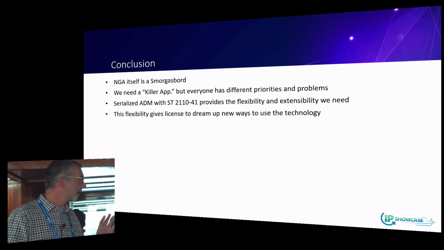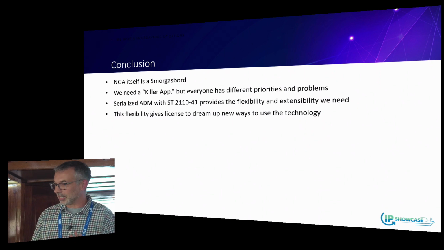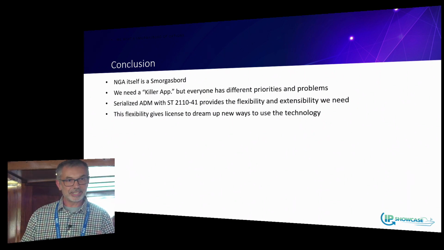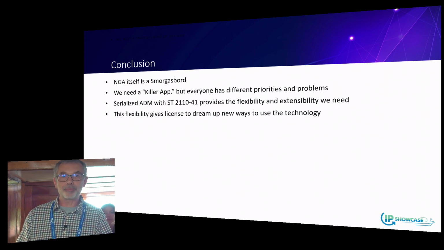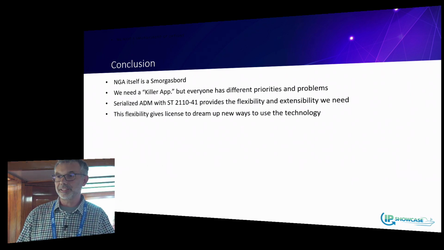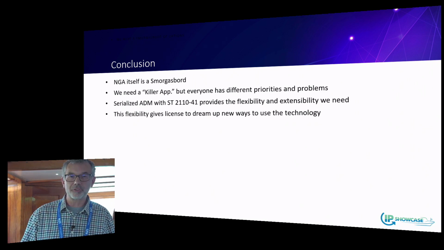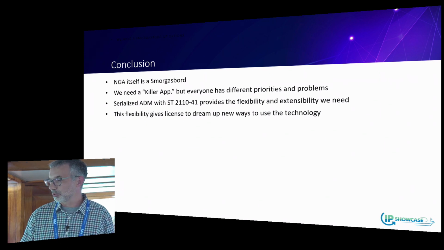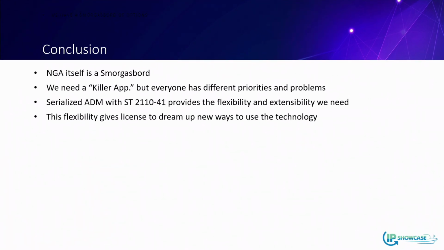The key here really is the flexibility and agility that the system provides, that it could be something different for everyone. And it gives you the ability to dream, i.e. there's a problem that we haven't thought of that it will solve for you. So we're not solving for one particular thing, we're solving for a whole group of things, but also about the things that we haven't even thought of yet. Okay, thank you very much for your attention.